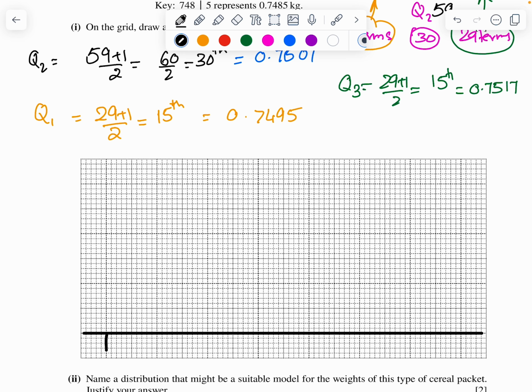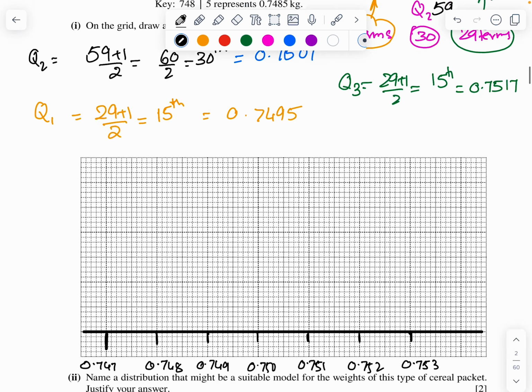I take these values, let me write them: 0.747, then 0.748, or I can leave two lines and space, so 0.748 and 0.749, then 0.750, 0.751, 0.752 and 0.753.